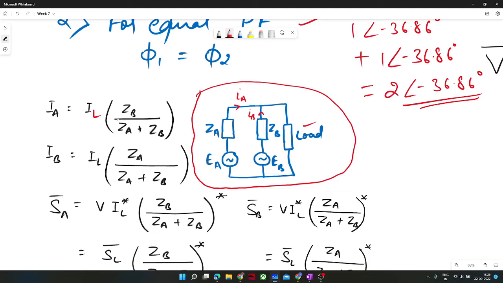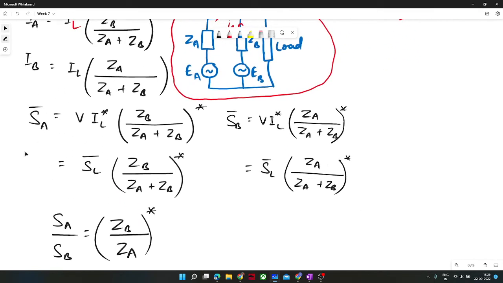So how would the current be supplied from transformer 1 to the load and transformer 2 to the load? This is a current division formula which you can apply, and from these two expressions you can arrive at SA, the load catered by transformer 1. If you multiply it with the terminal voltage, you will get V IL conjugate ZB.